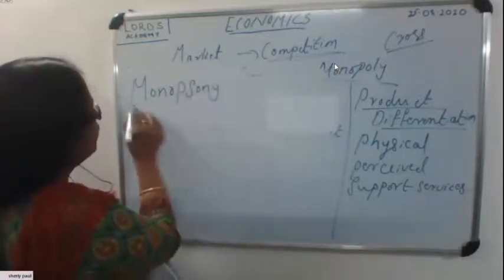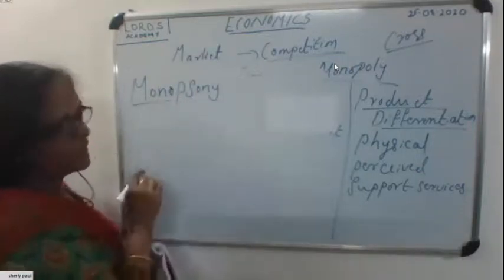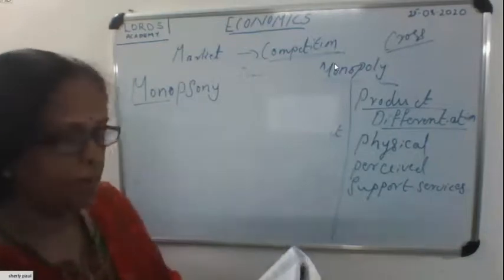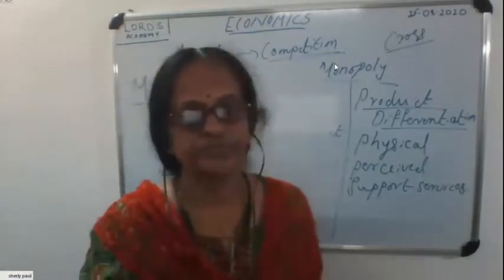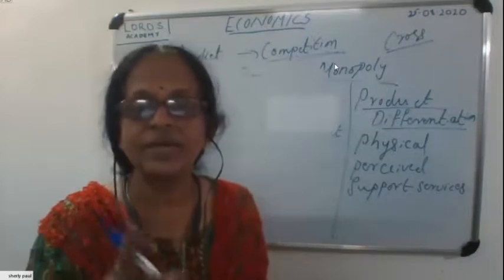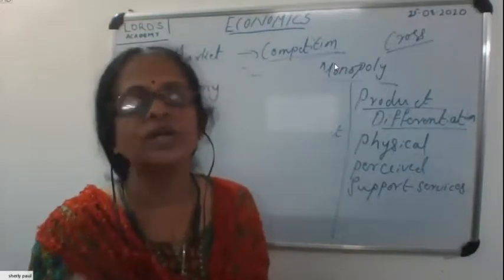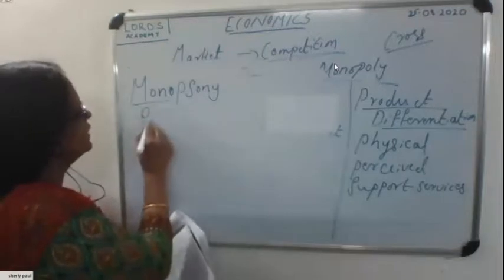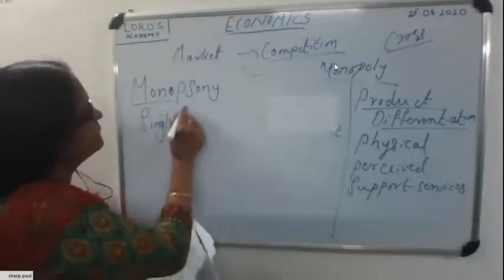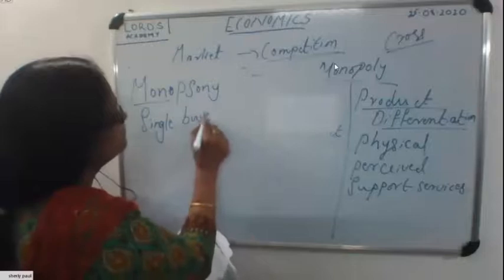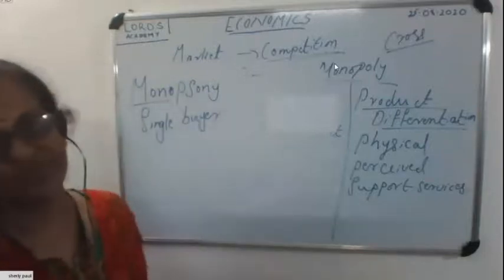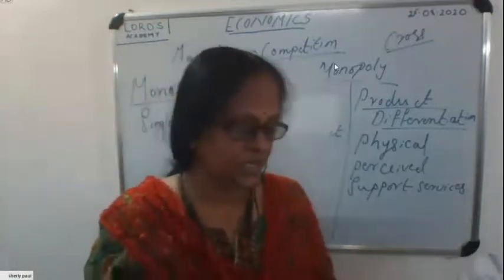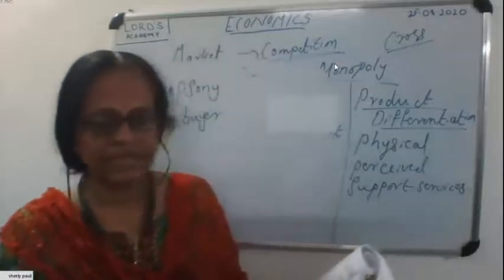Mono means single, and monopsony means buyer. In monopoly we studied a single producer or seller, but monopsony means a single buyer, only one person to buy.